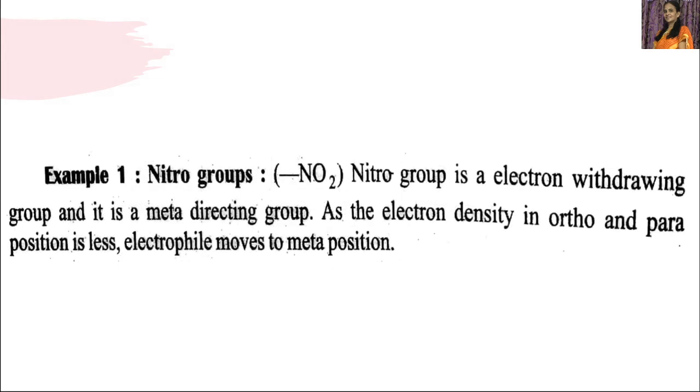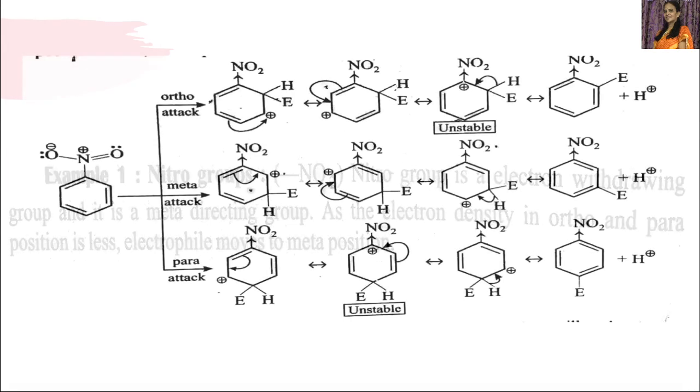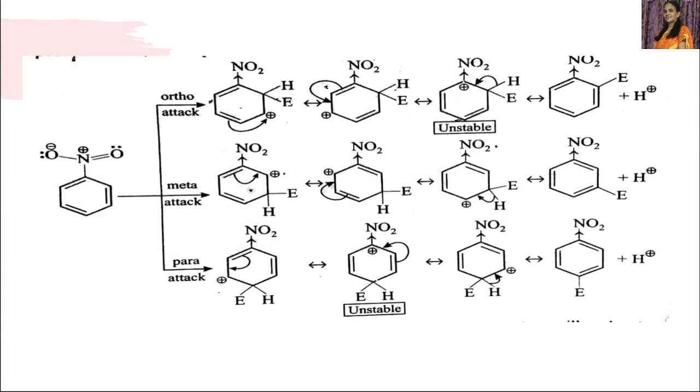Now, how does this nitro group influence the incoming electrophile addition? Let us consider nitrobenzene, where the electrophile goes to ortho, para, and meta positions.